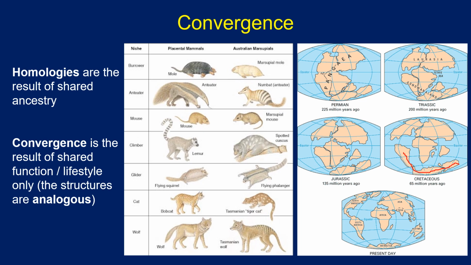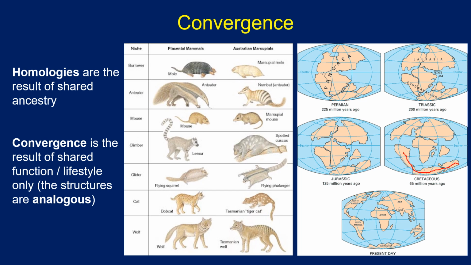We have flying squirrels and we have something very similar in marsupial form as well. We have bobcats and we have a marsupial cat. They look very similar because they're hunting similar prey. The flying squirrel and the marsupial equivalent, they both evolved that habit of gliding from tree to tree. Again, they did that totally separately.